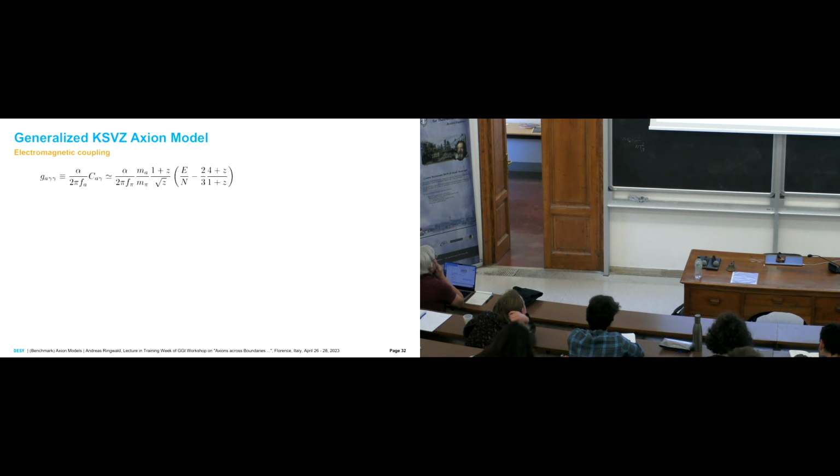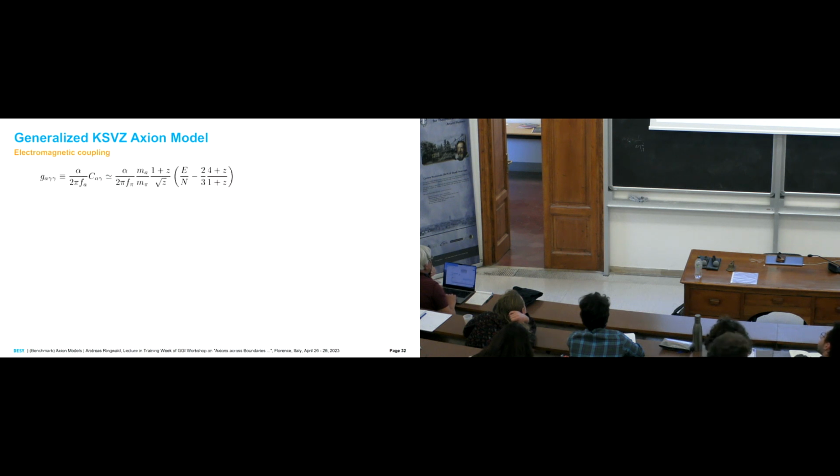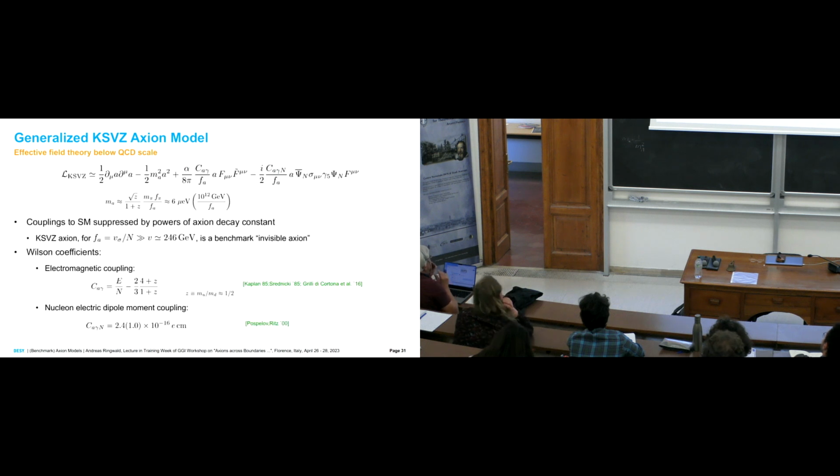So now you have this dependence on the mass. I have essentially in the C a gamma this factor, and the other factors are as before. So you write this one as G a gamma.